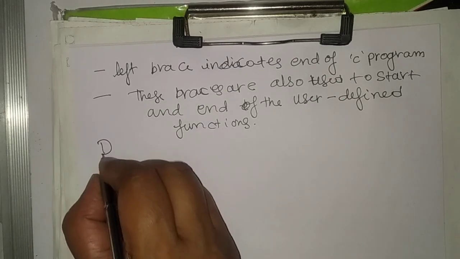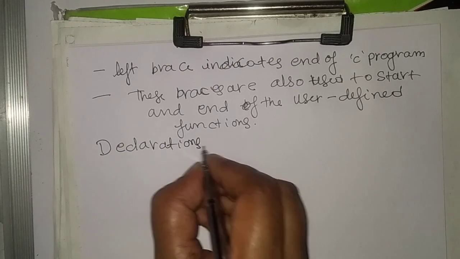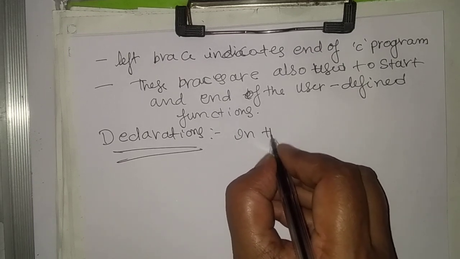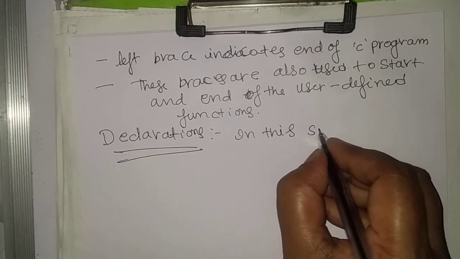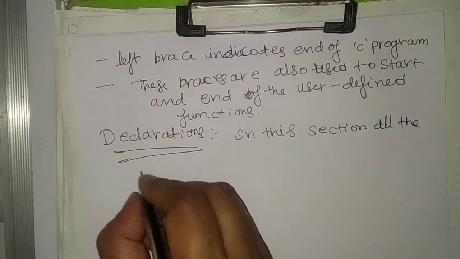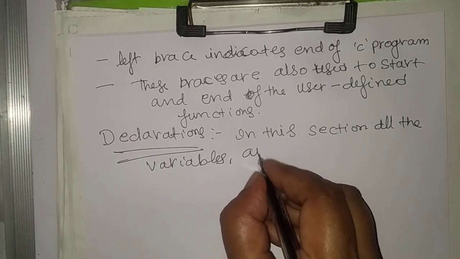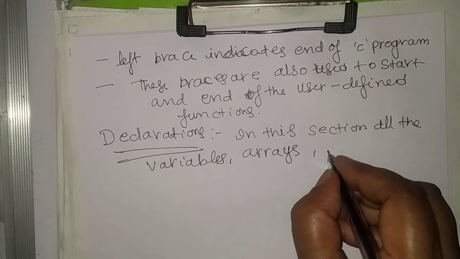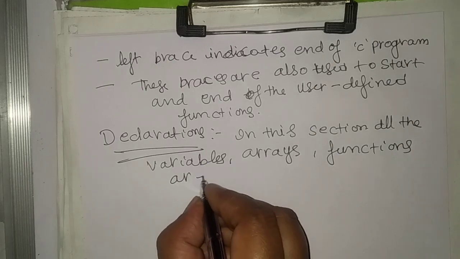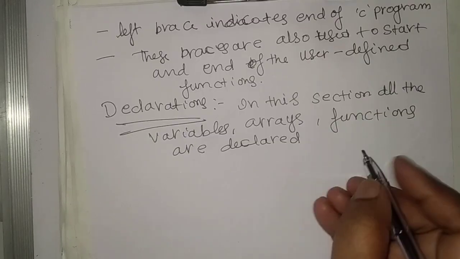Next is the declaration. The next statement in the C program is the declaration. In this section, all the variables, arrays, and functions are declared before using them in the C program.